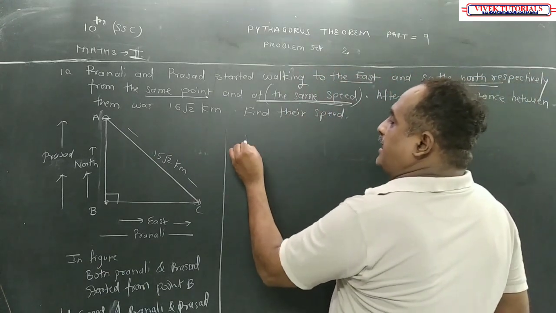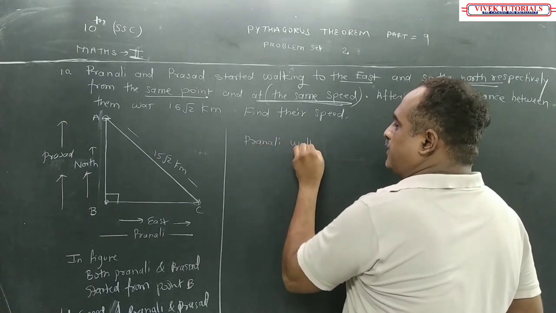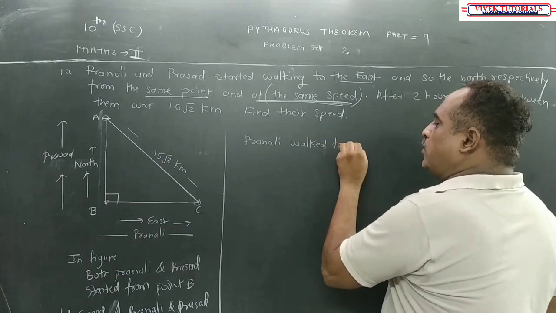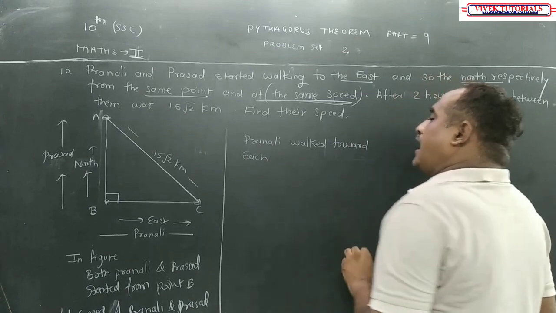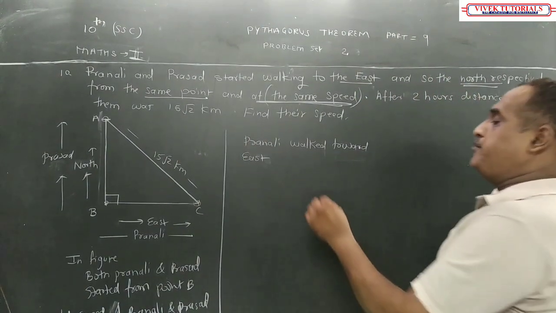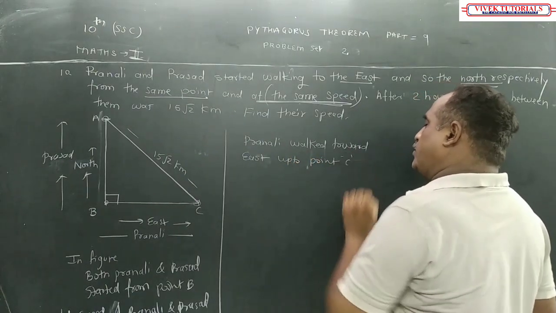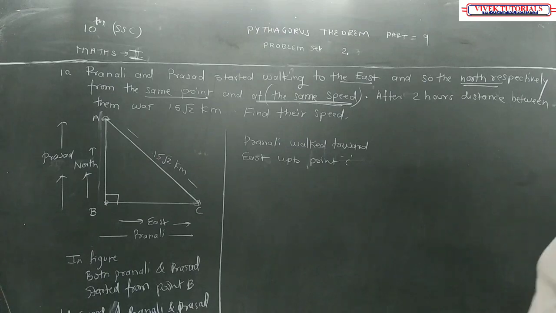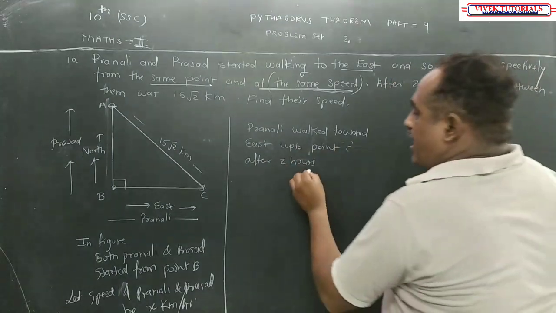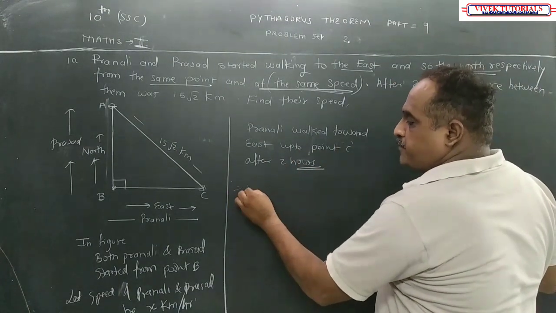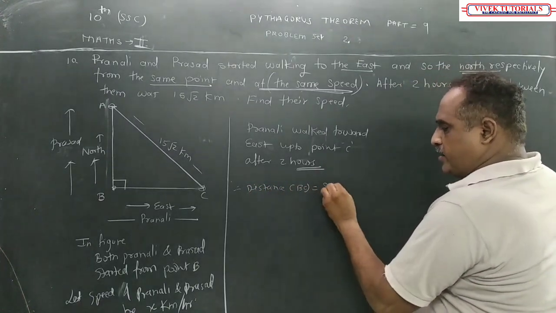So Pranali walked toward east up to point C. After 2 hours, therefore, we can write distance BC is equal to speed into time.